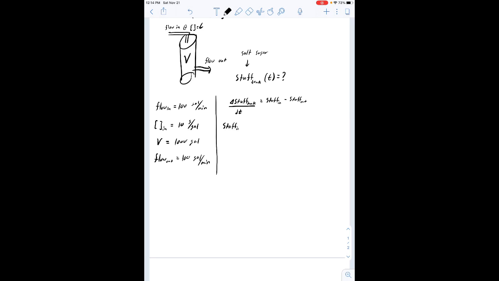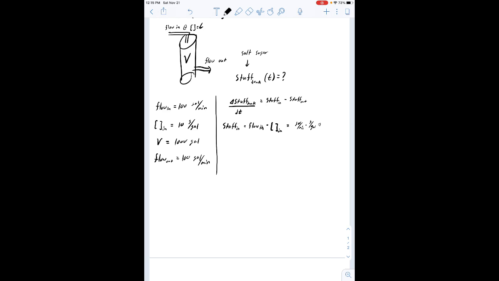Okay, so now we ask, what is our stuff in? My stuff coming in is just going to be equal to my flow coming in times my concentration coming in. This makes sense because if we look at the units, this would be gallons per minute times concentration, which is grams per gallon.